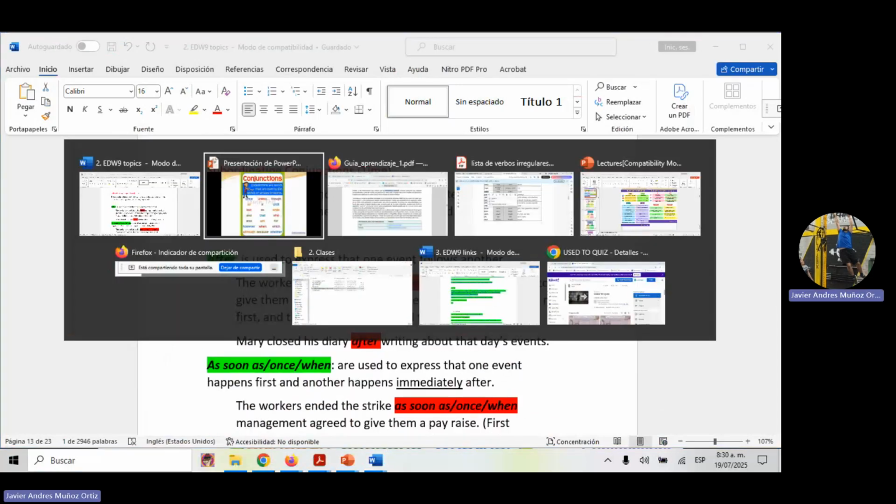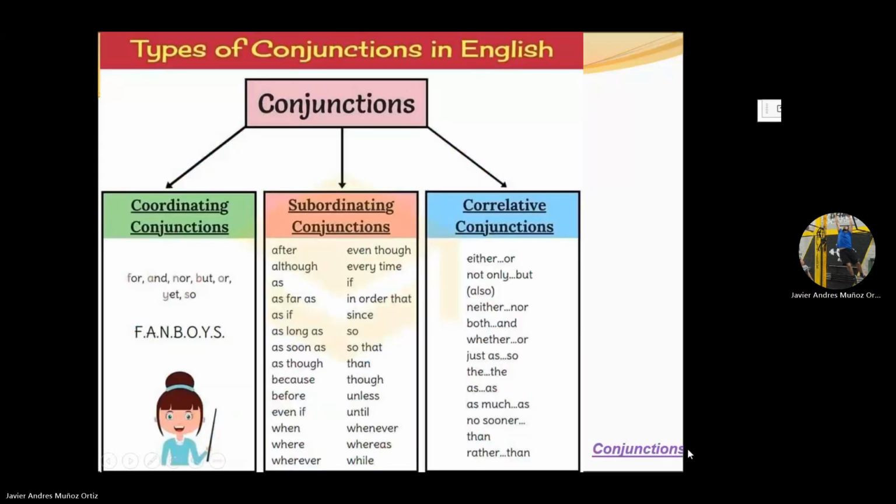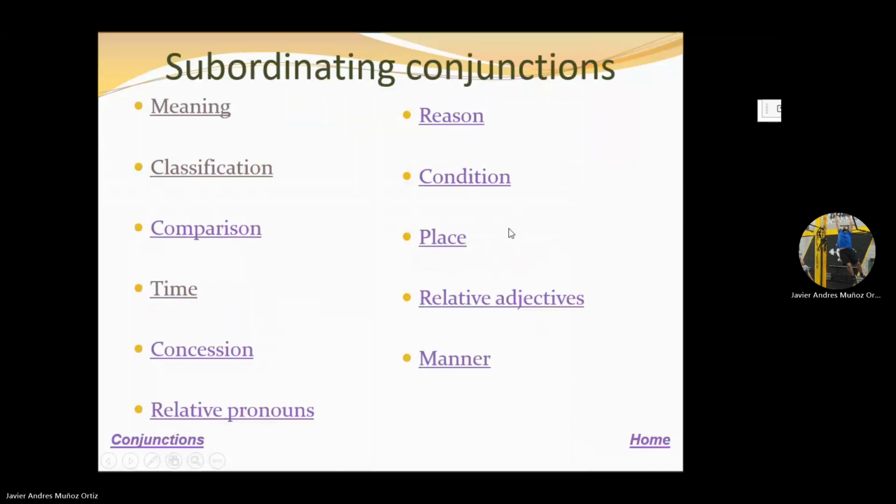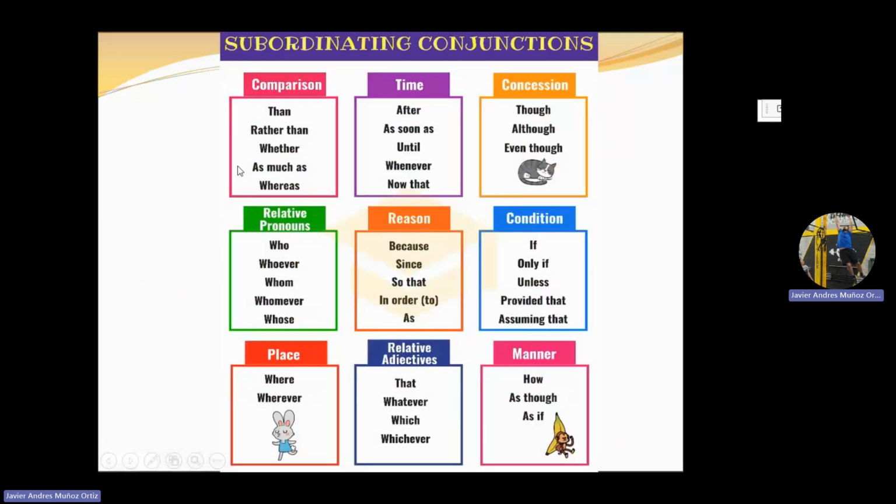There are many subordinating conjunctions. We could talk about reasons, conditions, places, relative adjectives, manners, concession, comparison, and so on. But we are going to focus on the conjunctions of time to mention what comes next, what comes later, or what came before, or what happens at the same time.